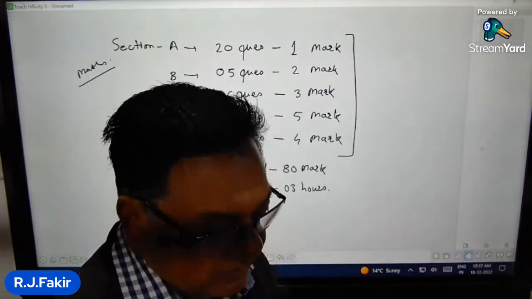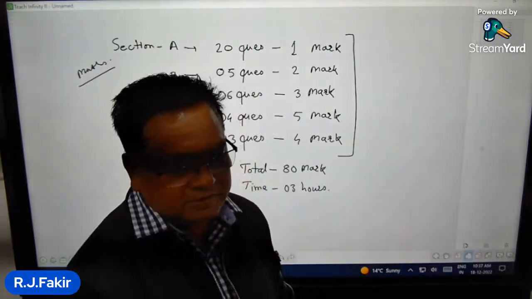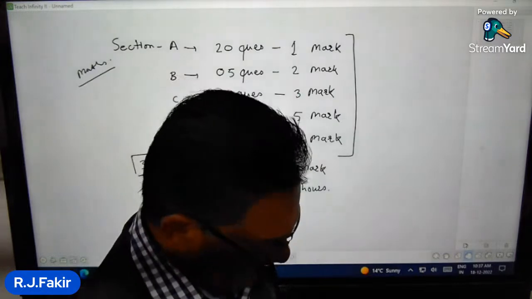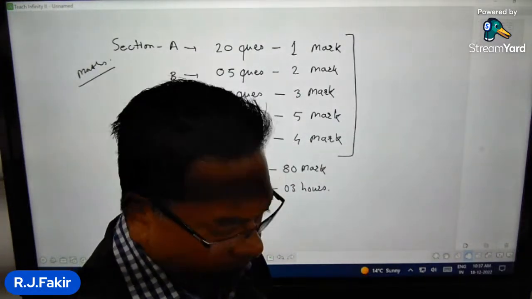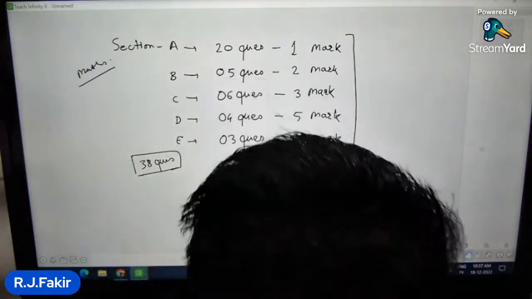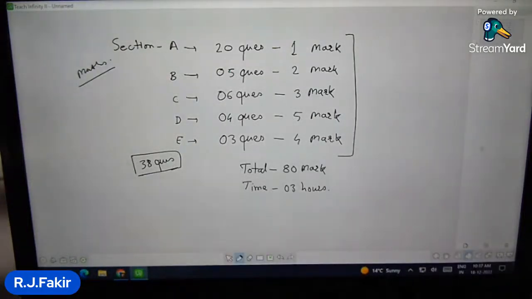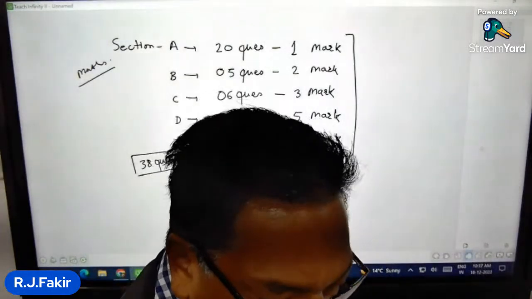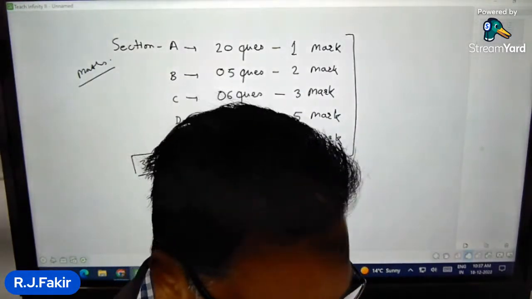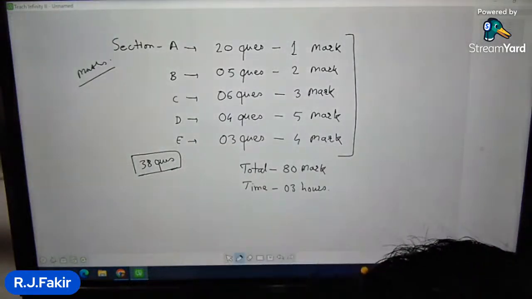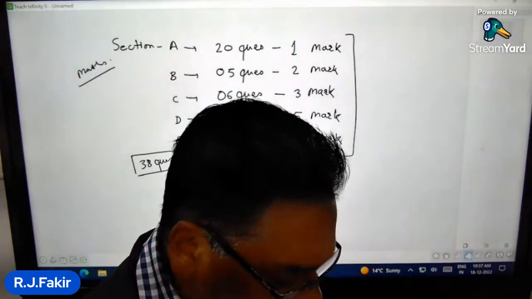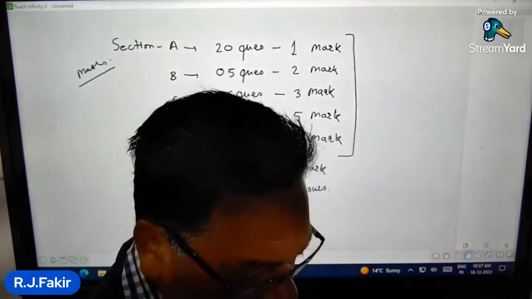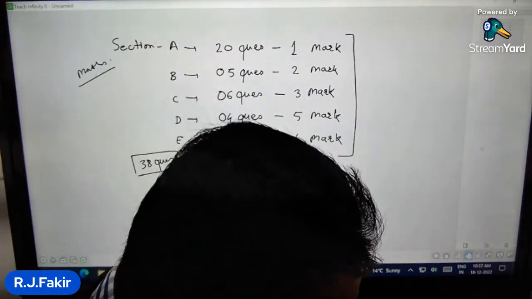So you just have to develop certain logic to solve such questions. If you take an example of some of these questions in section A, I will be providing you some examples for each section according to their marks.